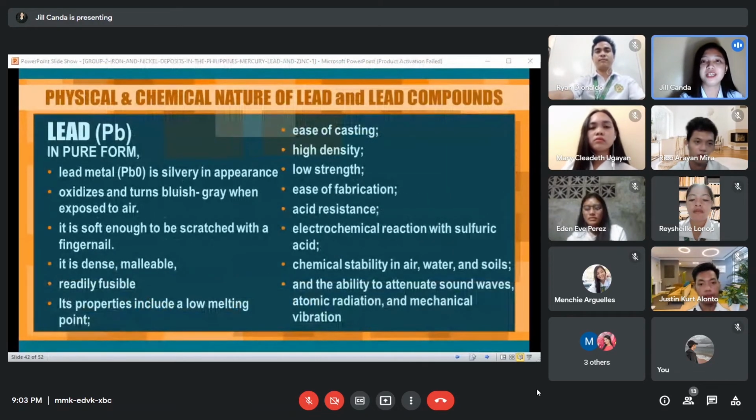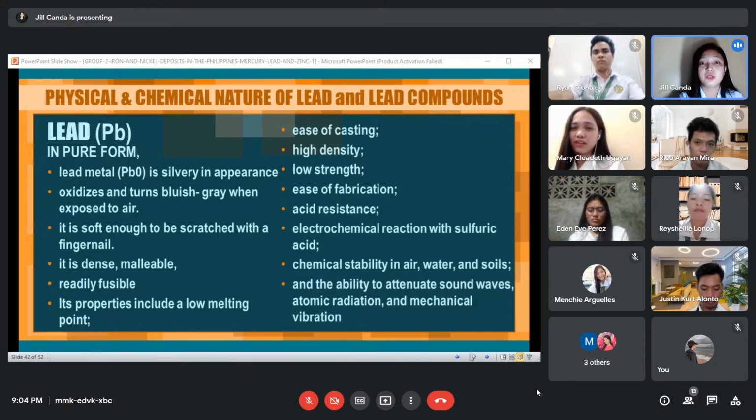So these are the physical and chemical properties of lead in its pure form. In pure form, lead metal is silver in appearance, and as the metal oxidizes, it turns bluish or dull gray when exposed to air. It is soft enough to be scratched with a fingernail, and it is dense, malleable, and readily fusible.